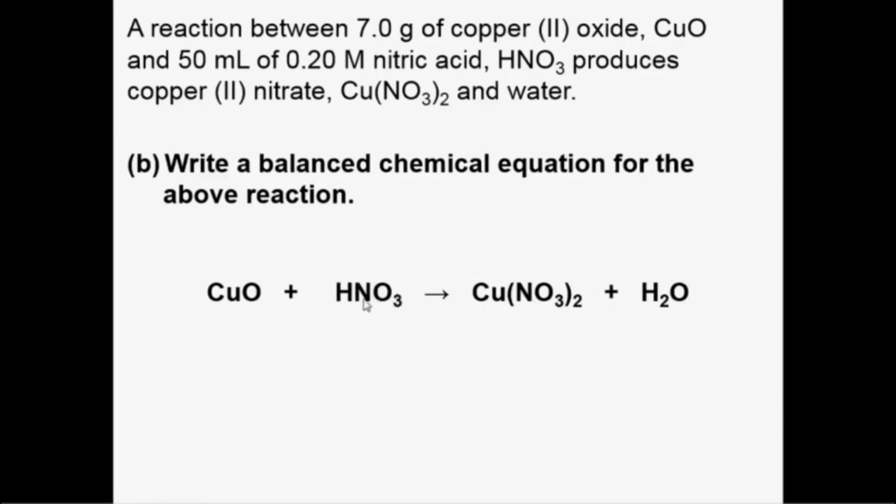So we must multiply nitric acid by 2 to balance the number of moles of nitrogen. Then oxygen: there are 3 times 2, so 6 moles of oxygen in copper 2 nitrate, plus 1 mole of oxygen in water, and 6 moles of oxygen in nitric acid plus 1 mole of oxygen in copper 2 oxide. Then hydrogen: there are 2 moles of hydrogen in water and 2 moles of hydrogen in nitric acid. So the equation is balanced.